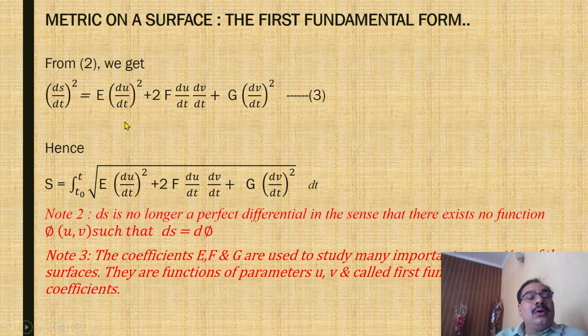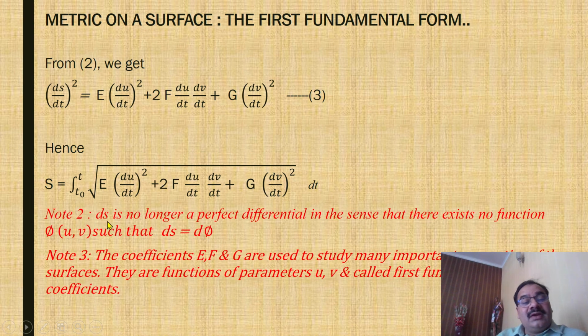If you use equation number 2, we may re-express this as (ds/dt)² = E (du/dt)² + 2F (du/dt)(dv/dt) + G (dv/dt)², which is expression number 3. Taking the square root of the above expression, we may write s = ∫ from t0 to t of √(E (du/dt)² + 2F (du/dt)(dv/dt) + G (dv/dt)²) dt.